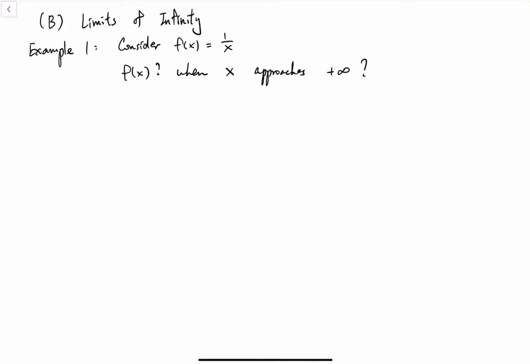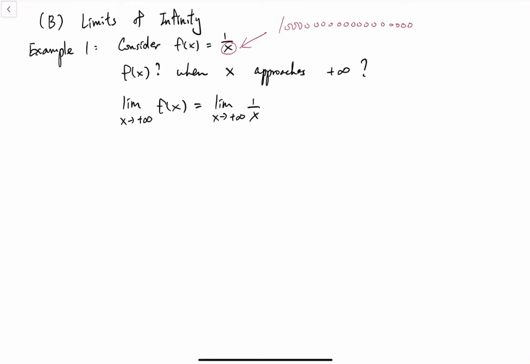Here you can imagine x is a very big number, just imagine it is like this number. Then what is the value of f(x)? I think you should be able to imagine it should be 0, right? Then we can write it this way: when x tends to positive infinity, f(x) equals this.